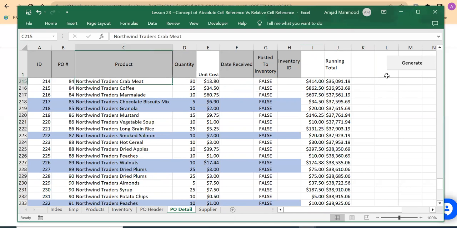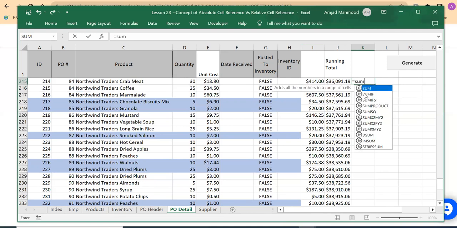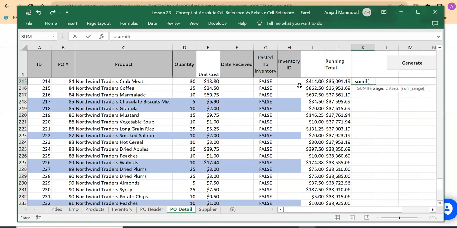For this product, for example, we say equal to SUMIF. SUMIF is the function which allows you to do conditional totaling, so on the basis of certain criteria we are doing the sum.